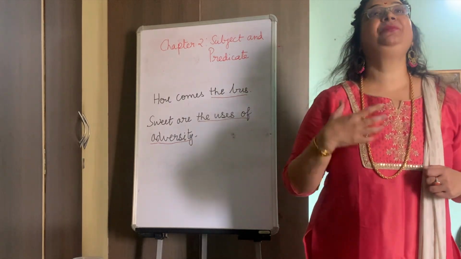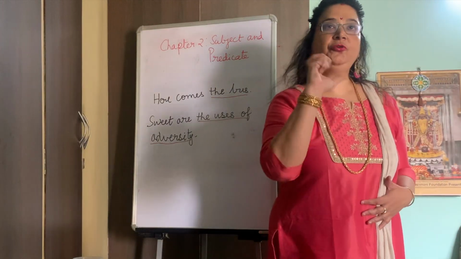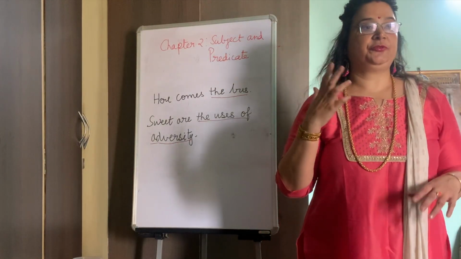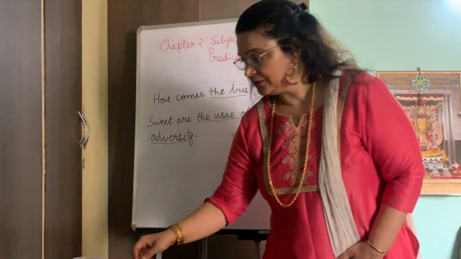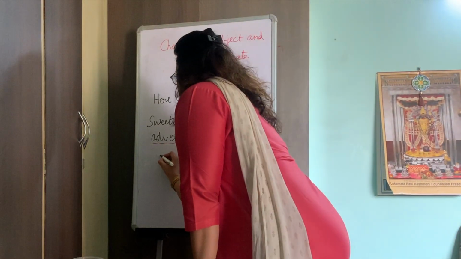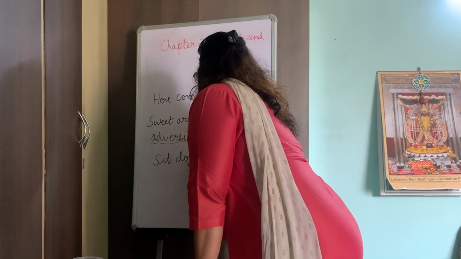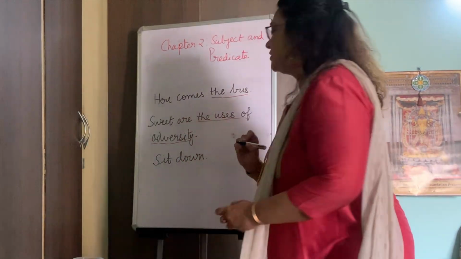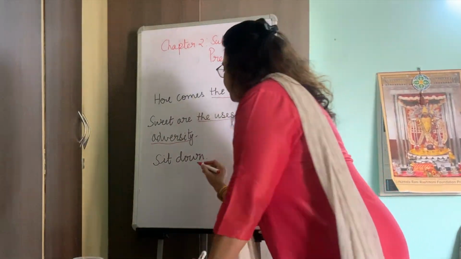So the subject will be you, in the singular, or it can be plural also, when many people are involved and you are saying it directly to them. So when the sentence is sit down, if you are asked what the subject is, it is you.